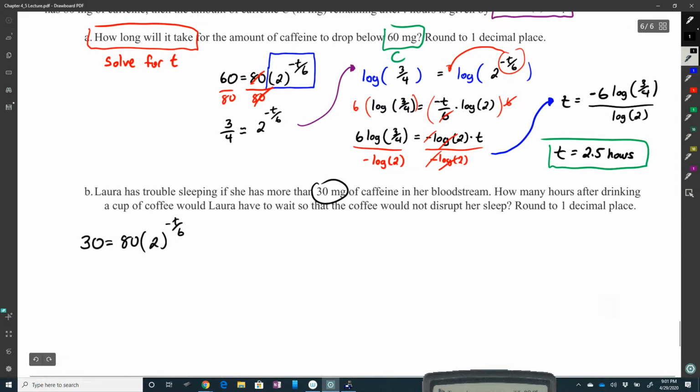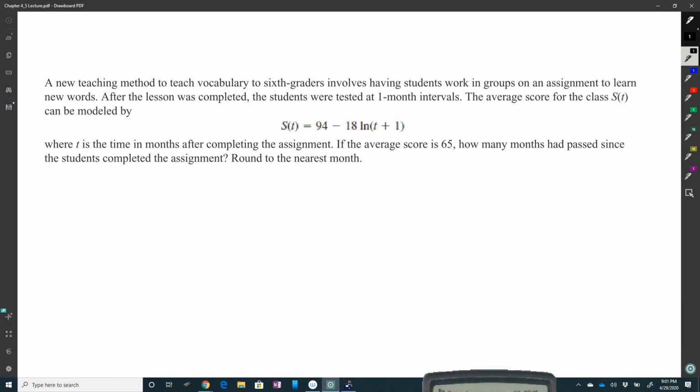All right. So now this last problem. A new teaching method to teach vocabulary to 6th graders has been learned. After the lesson was completed, students were tested at 1 month intervals. The average score for the class can be modeled by the equation, where T is the time in months after completing the assignment, and S is the average score.